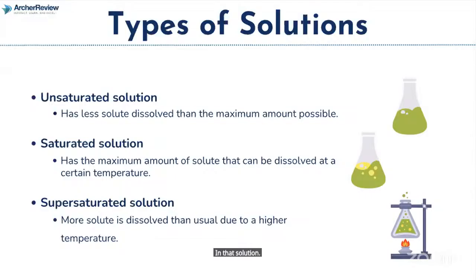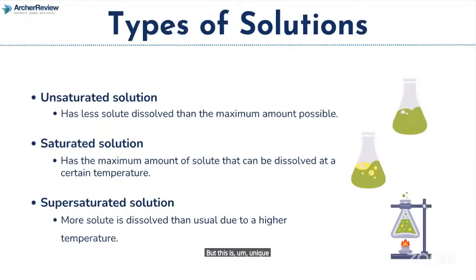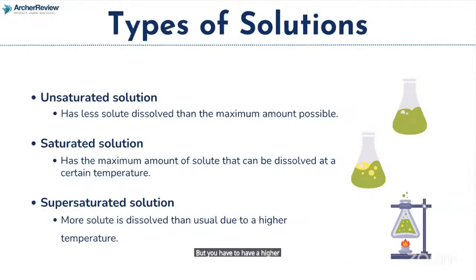And a supersaturated solution has gone beyond what is typically able to be dissolved. But this is unique because it has to have a higher temperature present. More solute is able to be dissolved beyond that saturated state, but you have to have a higher temperature in order to achieve that.